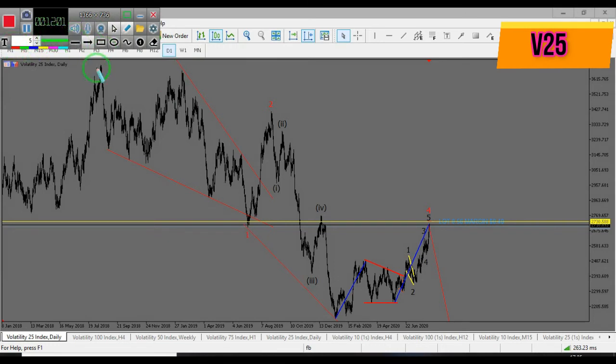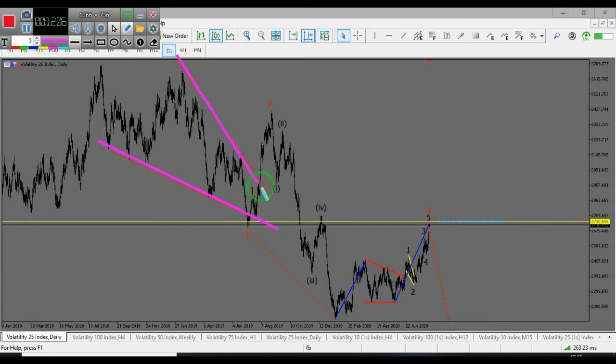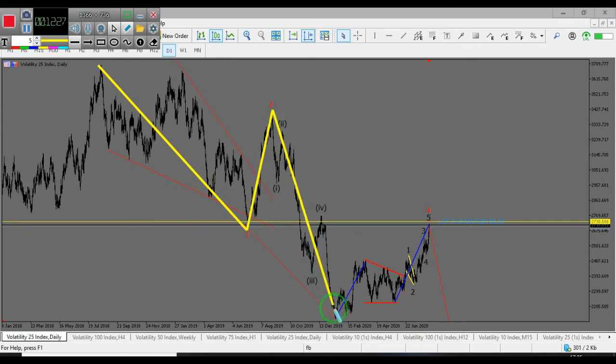I'm not going to dwell much on this because it's just clear and straightforward. You've got a diagonal with one, two, three, four, 5, and it's very straightforward. Very clear, not much explanation required there.